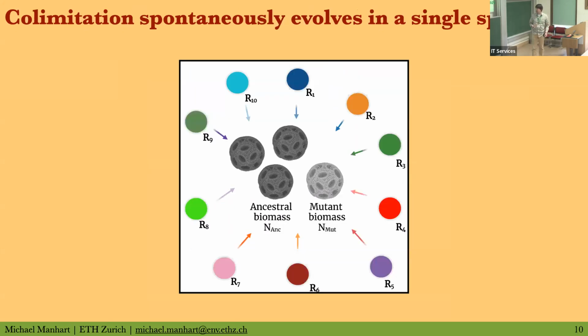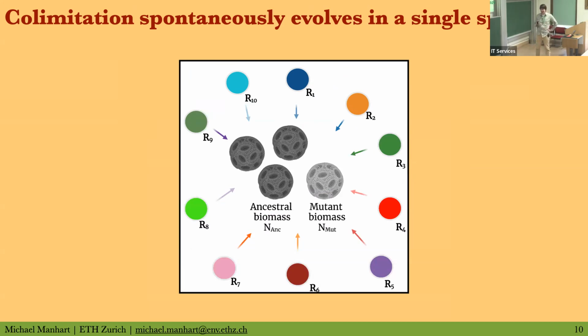So how does evolution shape co-limitation? And so first of all, we want to look at a single species that's consuming a set of externally supplied resources. So here you have this one species, and it's consuming these 10 different resources. And 10, I think, is actually kind of a reasonable number for how many resources generally a microbe would need. It's not 100, but it's also not 1.